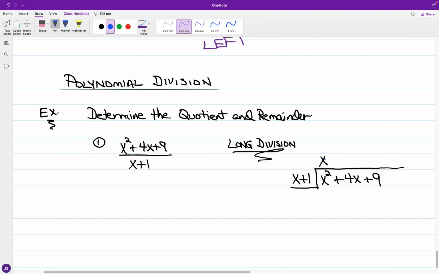And in terms of what to do with x times x plus 1, this will be x squared plus x, and this product will have these terms situated underneath the like terms from what we have with x squared plus 4x plus 9.